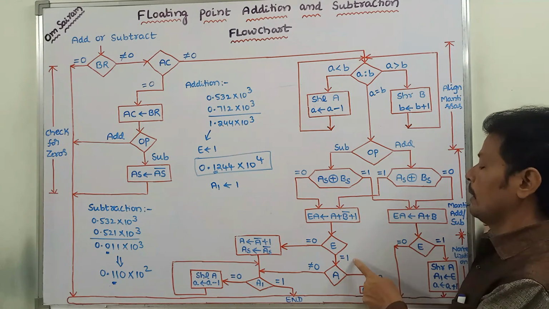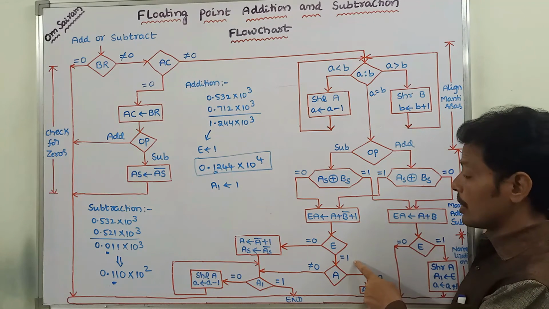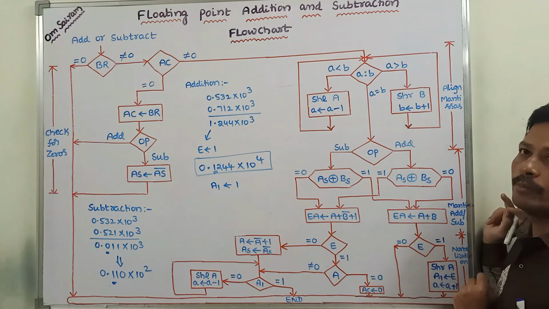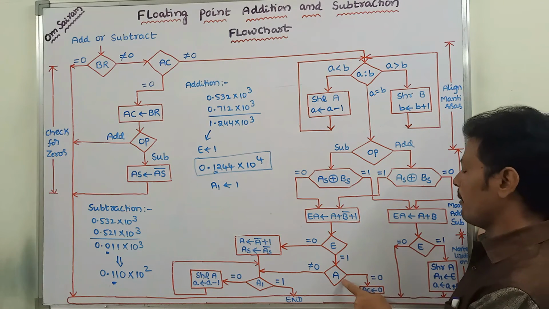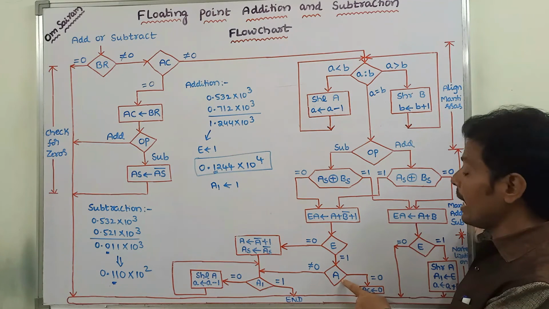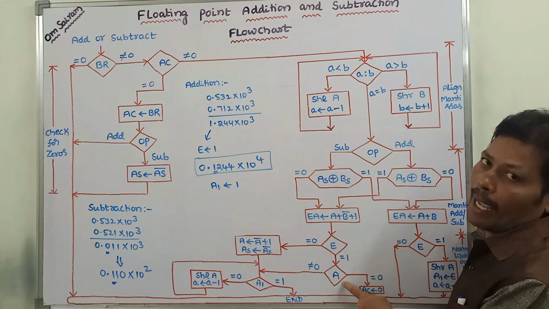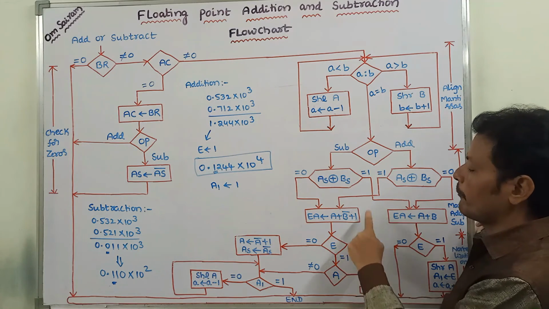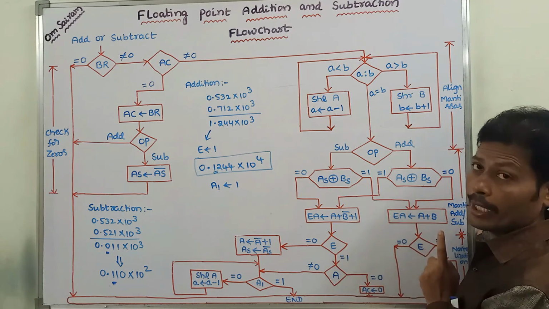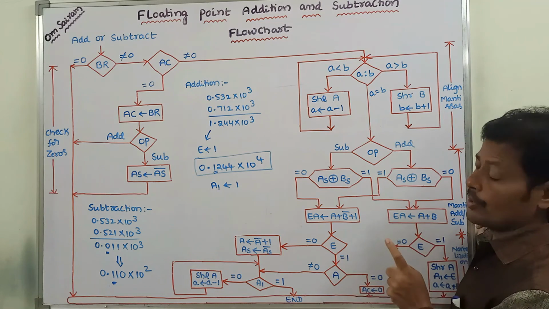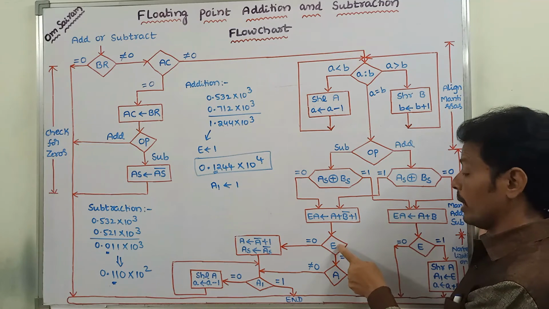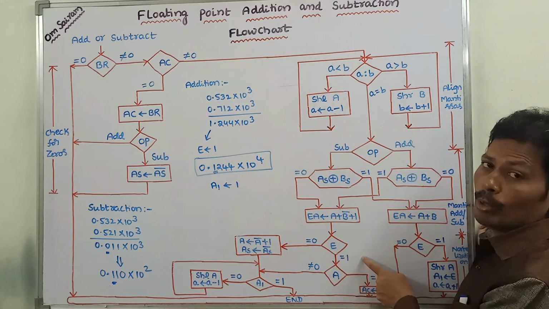If any carry bit is generated, now we have to check the A value. A is nothing but the resultant value. After performing the subtraction operation, if any carry is generated, that carry bit is transferred to E, so the E value is equal to 1.